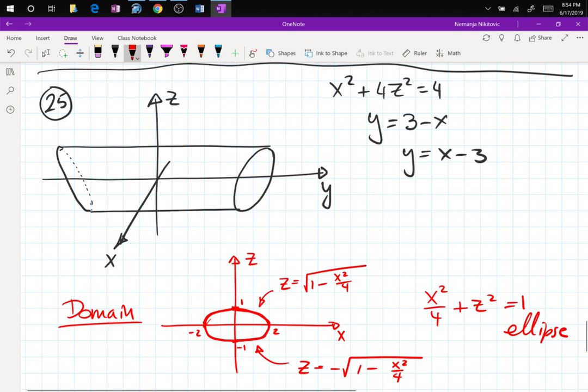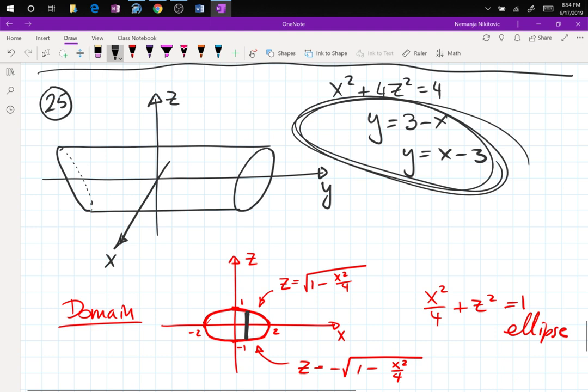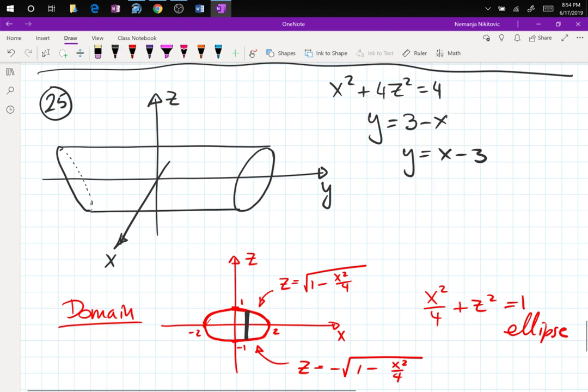And we see that our x values are from negative 2 to 2. The y values are given to us by these functions. I just need to know which one is on top and which one is on the bottom, right? 3 minus x or x minus 3. So we'll have to figure that out.